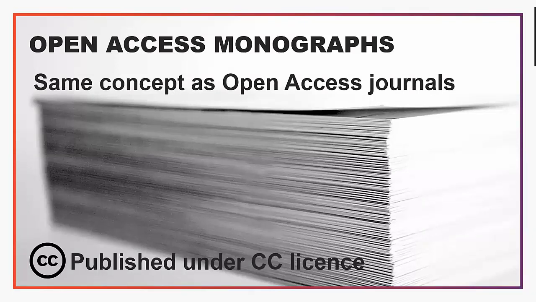You can also publish books and monographs open access, and this would be the same concept as an open access journal. So you would retain the copyright and your book would be published under one of those Creative Commons licenses. Open access monograph publishing, however, is somewhat behind open access journal publishing, but again, funders are starting to ask for open access monograph publishing too.